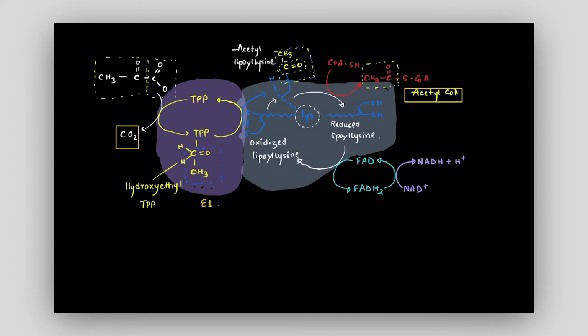So let me write it down. This is the E2. Finally, we have this part, the last part, this is E3. So like I said, the E1 is called the pyruvate dehydrogenase.